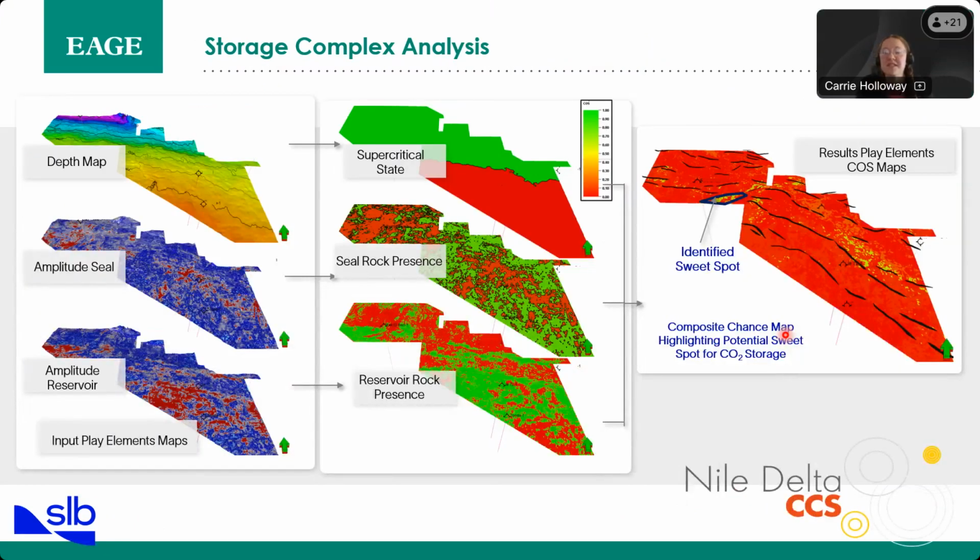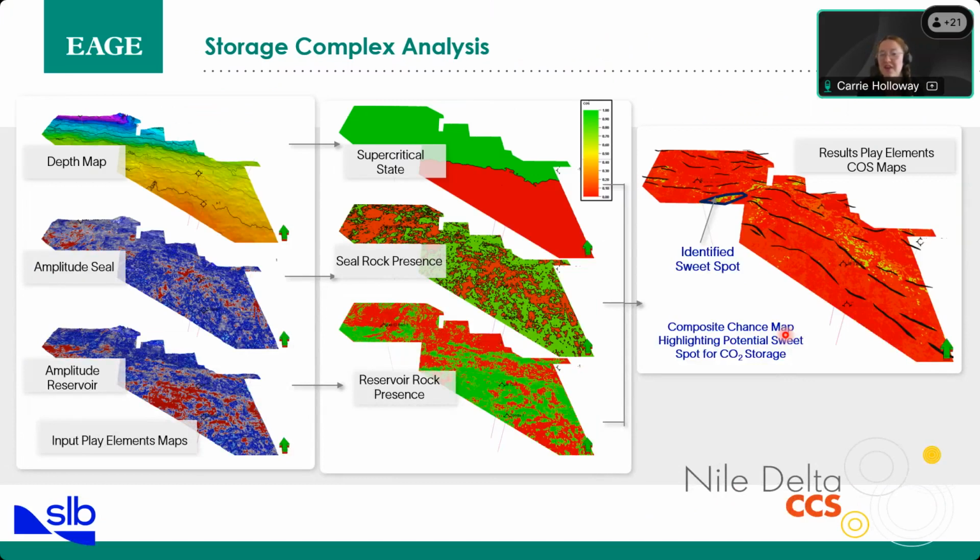The results from the G&G analysis, again, I integrated using a play-based approach. Mapped reservoir, seal, and injection parameters are used as proxies to define success. In this case, we have formation depth as a proxy for the supercritical condition. We have a seismic cube, the RMS amplitude map, as proxy for reservoir and seal rock presence.